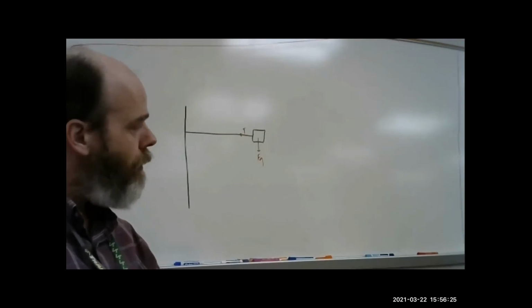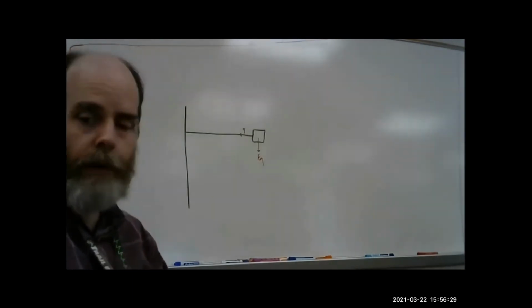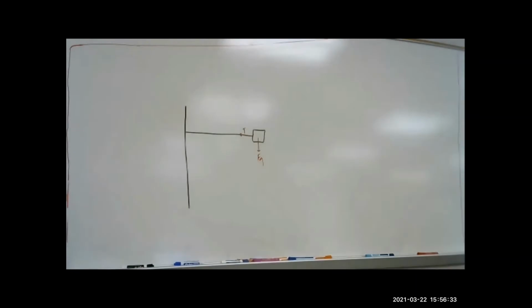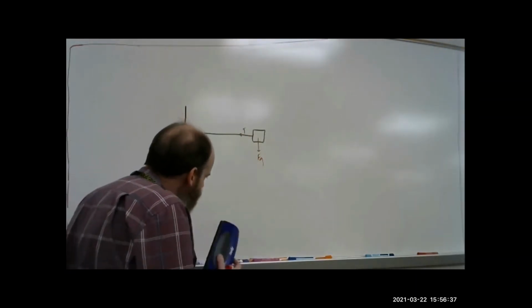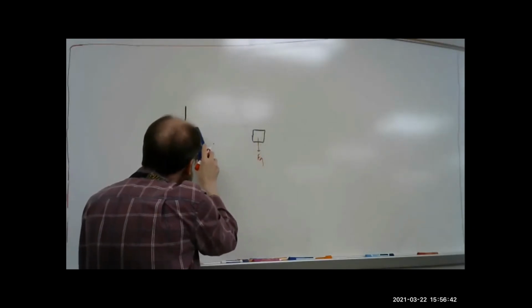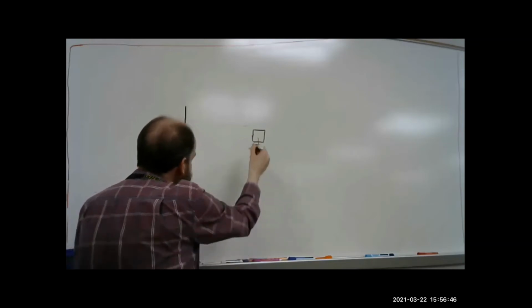Well, the string is not horizontal. It can't be horizontal. We have to have some force acting upwards to keep the thing from falling down. So let's take off this. The string is not like that. The string is actually like this.